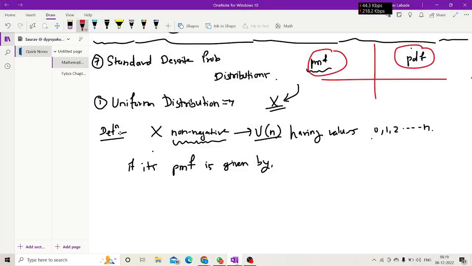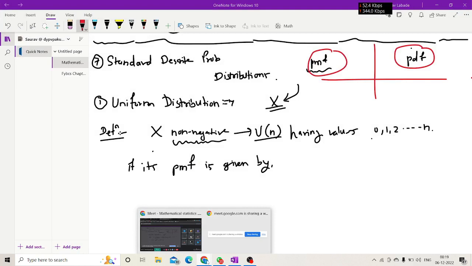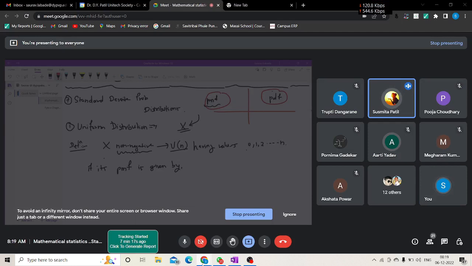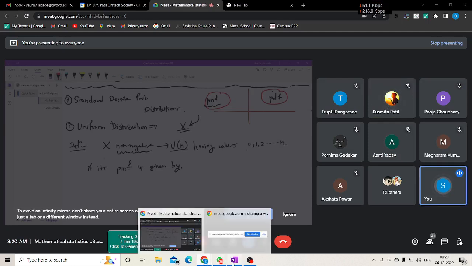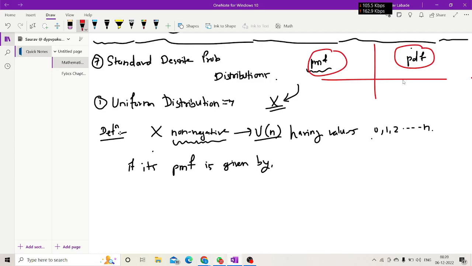PDF means probability density function, and PMF means probability mass function.